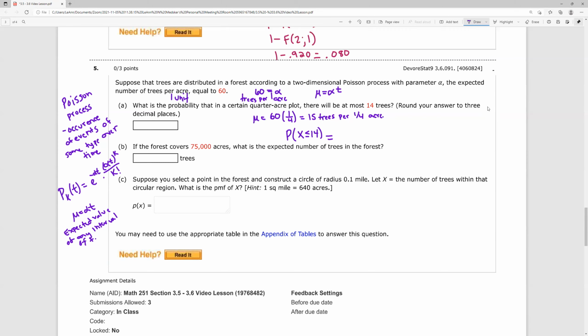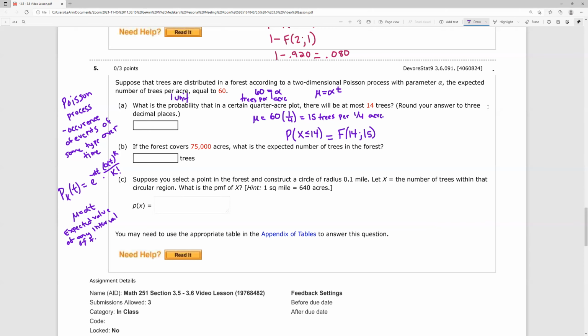So we're going to use our F accumulating formula, and we want 14 or less, so that's what this value is, and our mean was 15 trees per the quarter acre. Okay, now if you wanted to plug that into the formula, if you were doing just exactly 14 trees, you would use, remember, e to the negative 15, because that would be our mean for that specific quarter acre. We'd have 15 to the 14th over 14 factorial, but we do not want exactly 14, we want at most. So that's why we're using this.